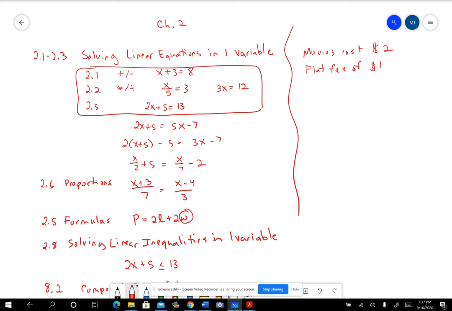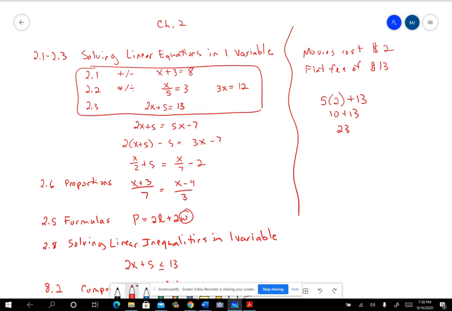I can't remember, I think it was $13. And I asked you to complete a table, like how much would the monthly fee be if you rented 5 movies in the month? And so you would do 5 times 2 plus the flat fee, and then you would wind up with 23 for the monthly cost.